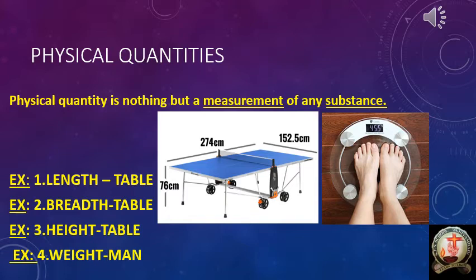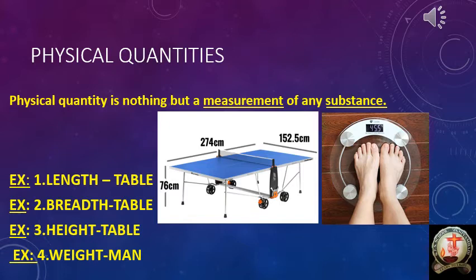And the height of the table from the ground, which is mentioned in our diagram, is 76 centimeters. So the height of the table from the ground, how much is given? 76 centimeters. So this height is also one of the measurements of that table.